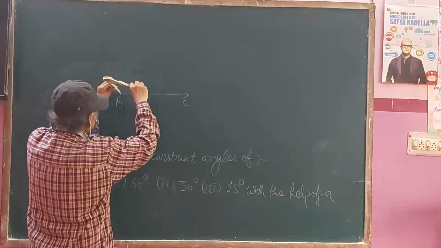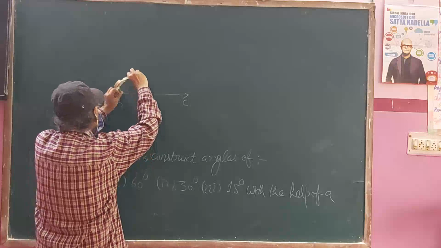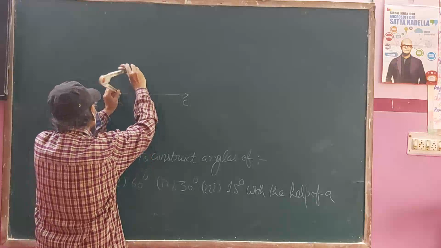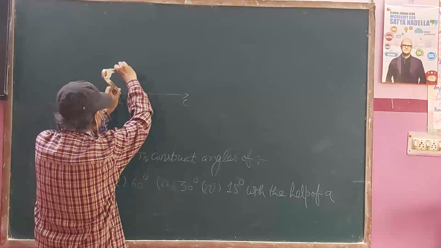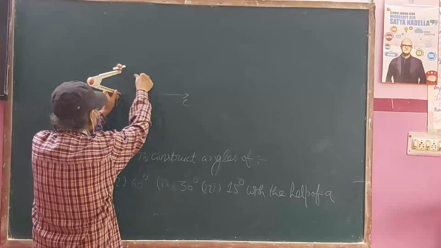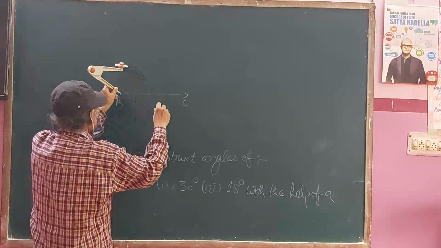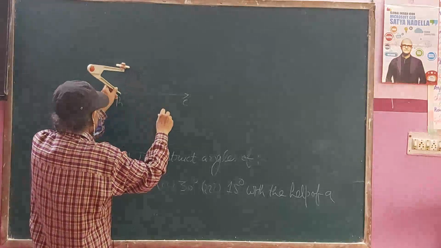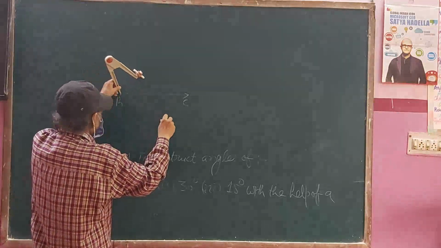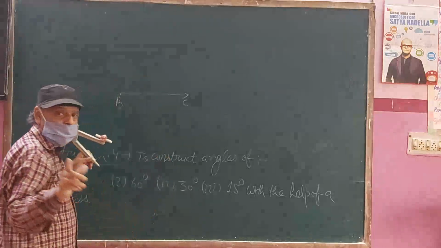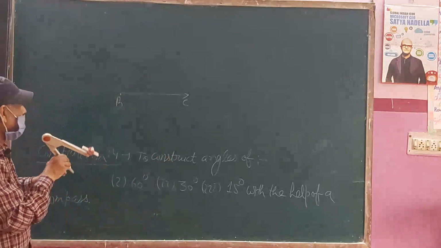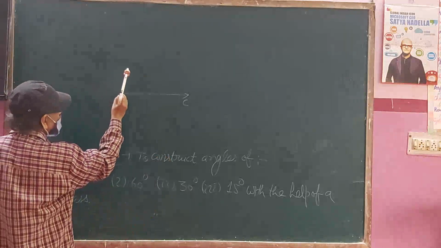You put it here and draw an arc. I think it is visible to you. Is it visible to you? I will make it bolder.